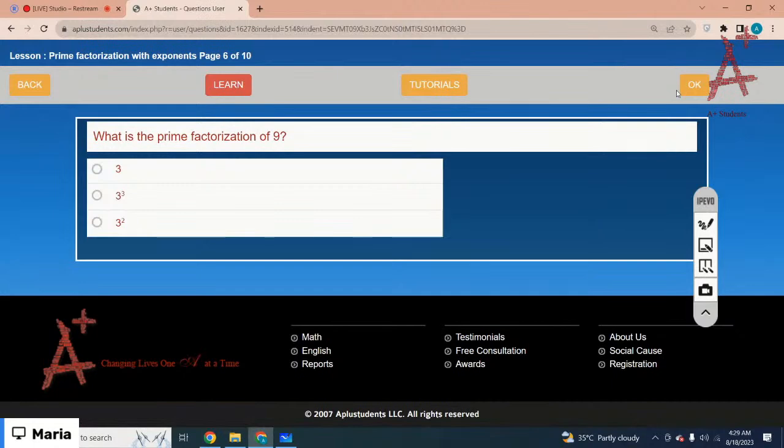What is the prime factorization of 9? Which is the correct option? The prime factors of 9 are 3 times 3, right?